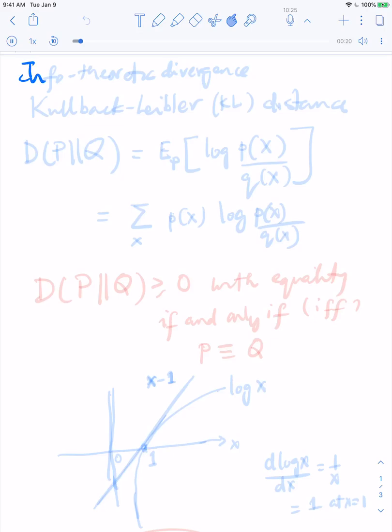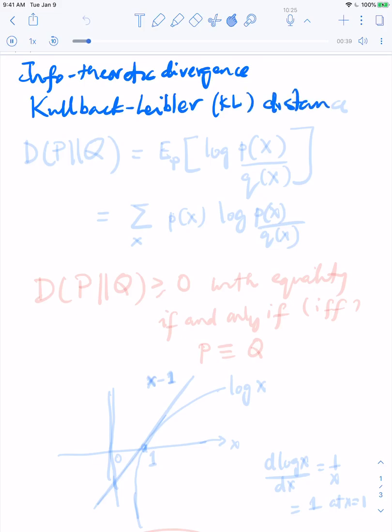So we call it information theoretic divergence, or we call it Kullback-Leibler distance, KL distance.